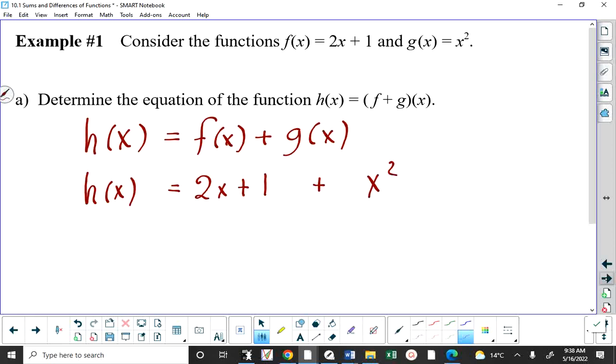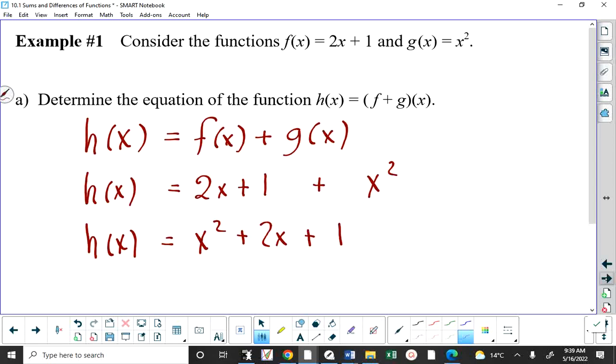We now have h(x) that consists of three terms. None of those three terms are similar, so we can't really simplify it, but we would probably write this in kind of a standard form where we put the highest degree first, then the next highest degree followed by the constant term.